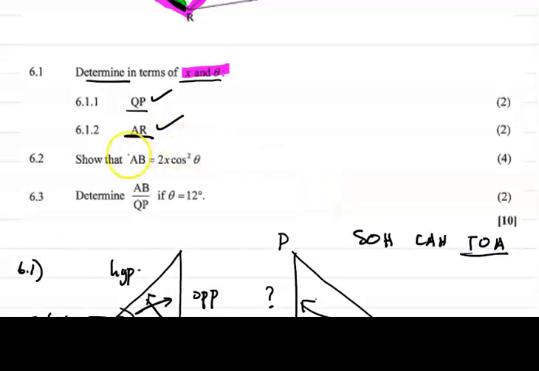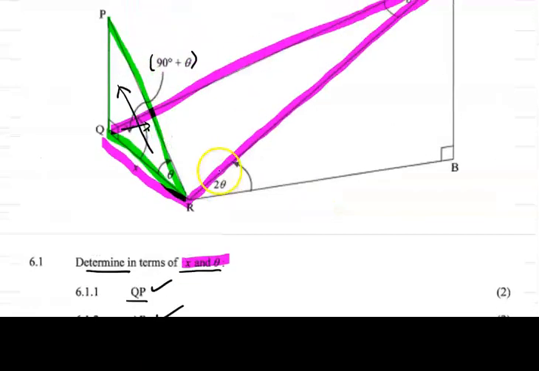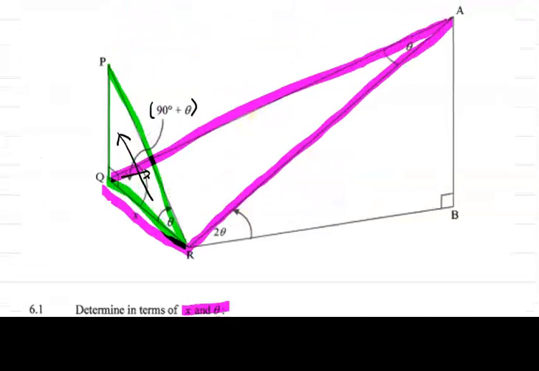Now in the next question it says, show that AB is equal to 2x times cos squared theta. So let's go look at where AB is situated here. So if you look carefully now, learners, we have the following. So there's AB here, right? And we can clearly see that it's a part of a right angle triangle.